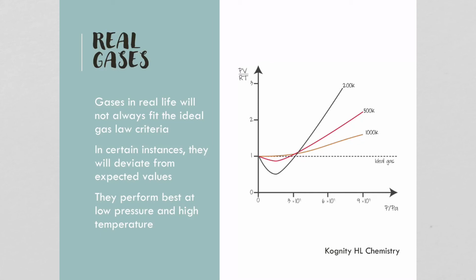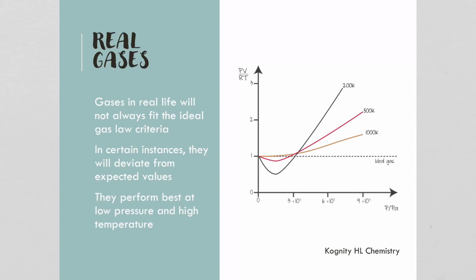So far in our gas unit, we've been talking about ideal gases, meaning that gases are behaving in a particular way, but real gases in real life will not always fit the ideal gas law criteria. In certain instances, they will deviate from the expected values.